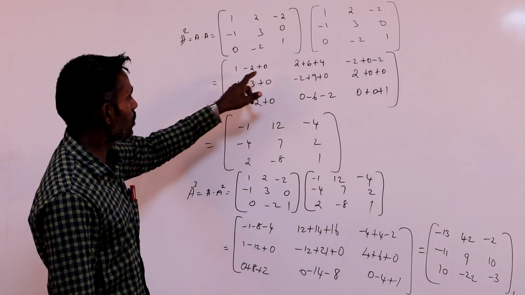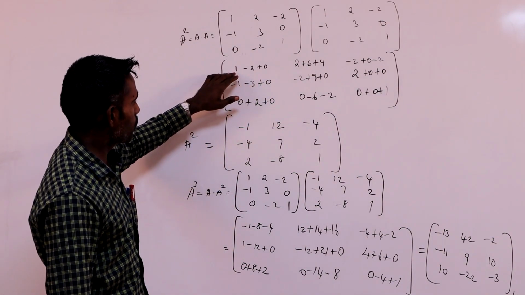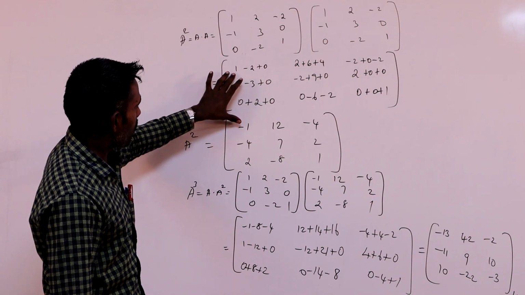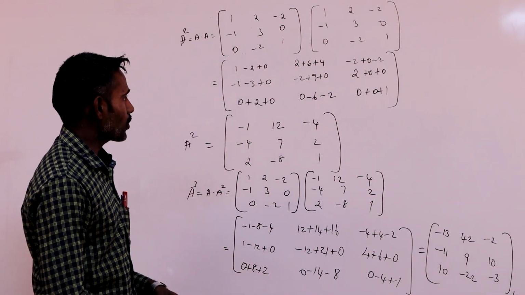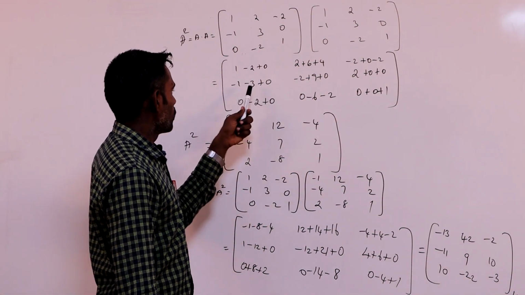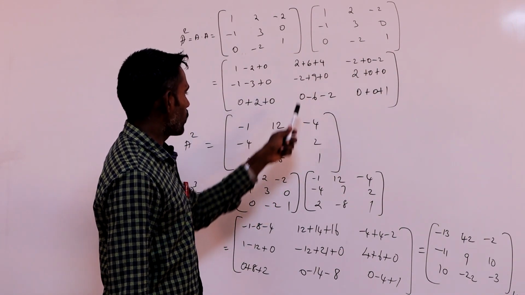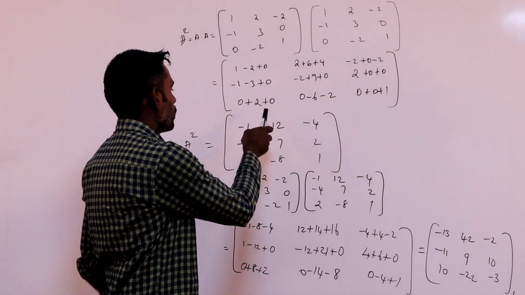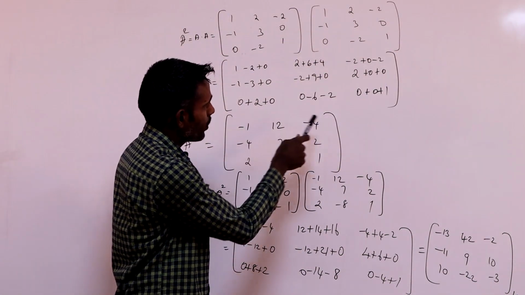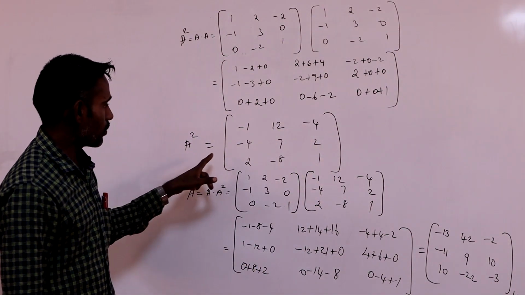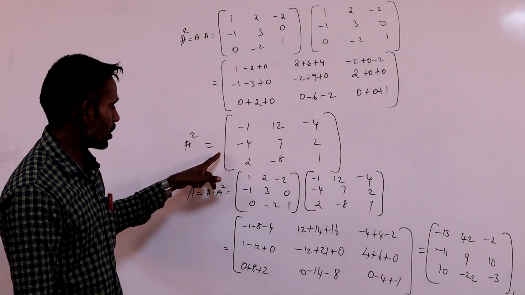Finally, adding these values, we get minus 1, 12, minus 4, minus 4, 7, 2, minus 8, and 1. This is A square. We found the matrix A square.